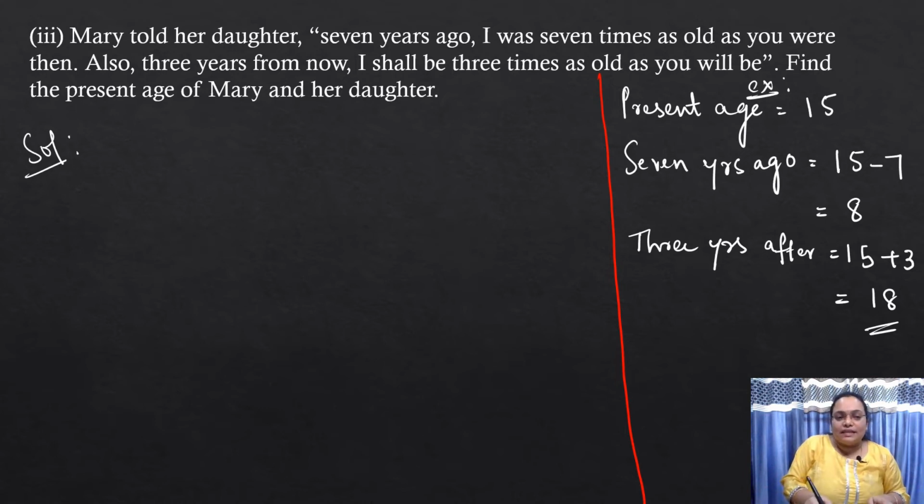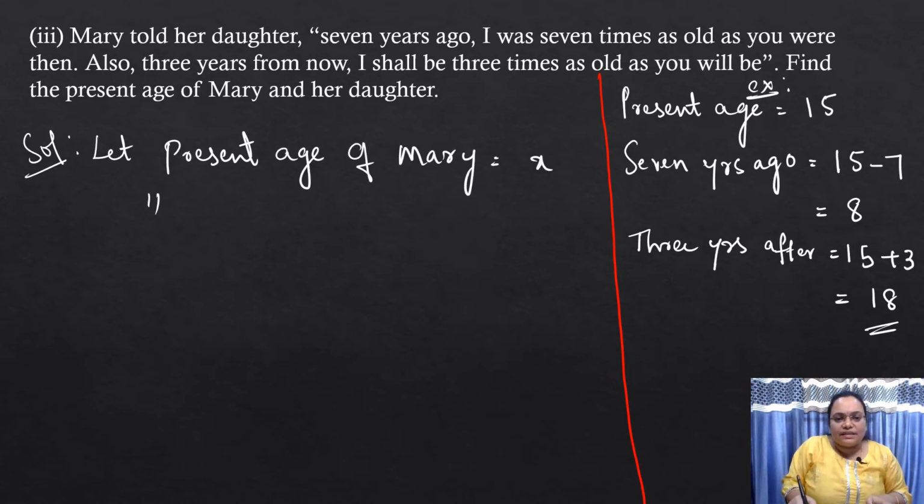So now let us assume, let the present age of Mary be x years and the present age of the daughter be y years. Okay. So we have two scenarios, right? One is 7 years ago and the next one is 3 years from now, right? So we'll take the first scenario, which is 7 years ago.